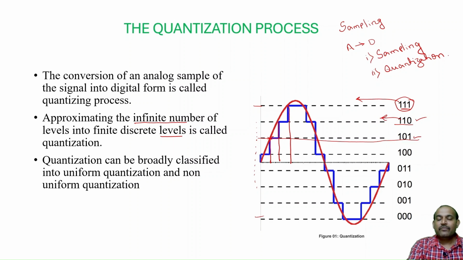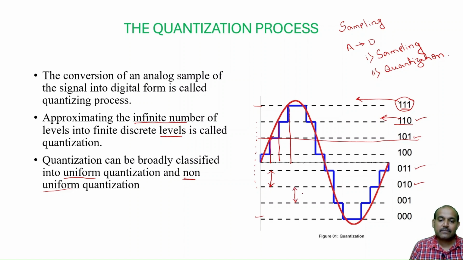Now we can classify quantizers broadly into two types: uniform quantization and non-uniform quantization. The basis of classification is the step size. Suppose you take this difference between one quantized value and the other, and this difference; they are all the same.